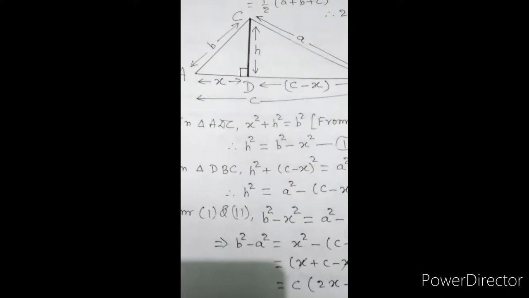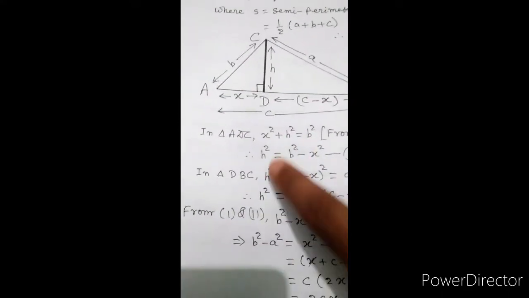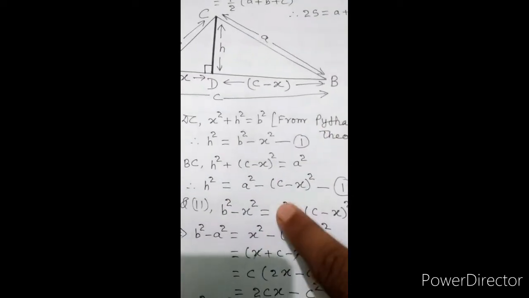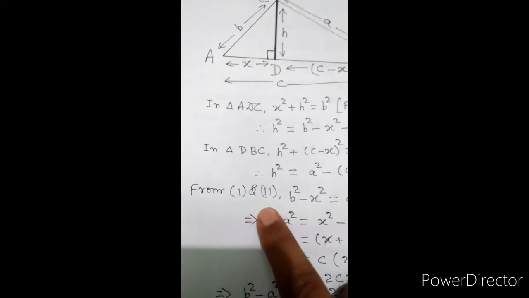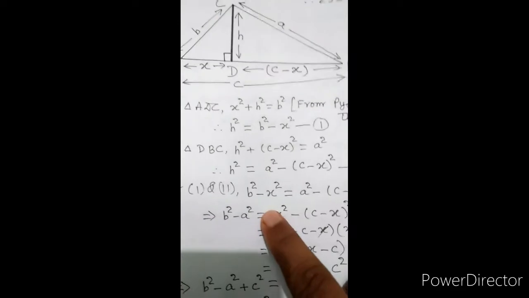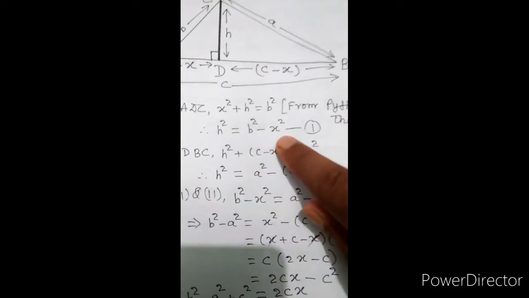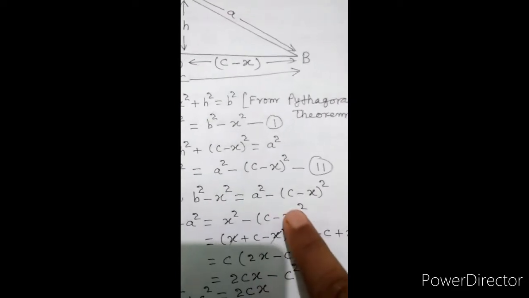Now in equations number 1 and 2, the LHS are the same, h square and h square. So the RHS will also be the same. Now equate the RHS. From equation number 1 and equation number 2, we have b square minus x square is equal to a square minus (c minus x) whole square.